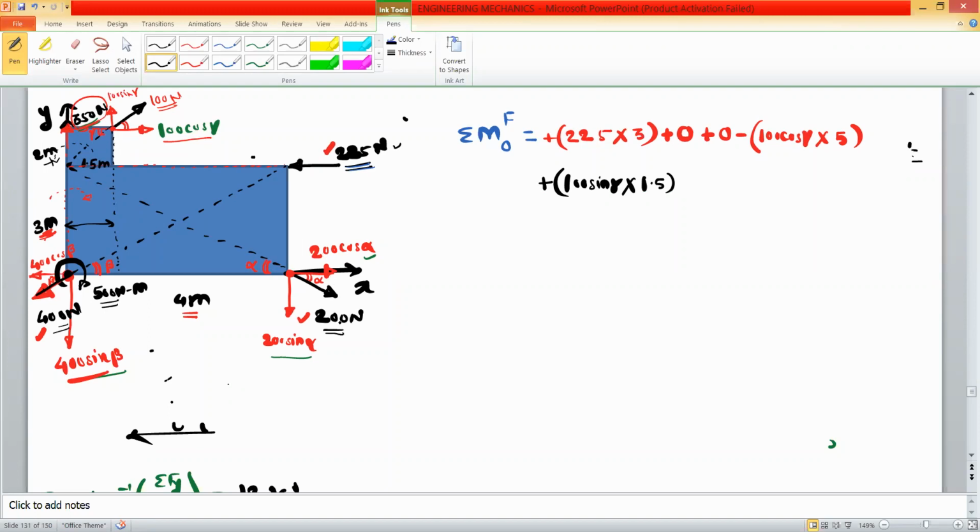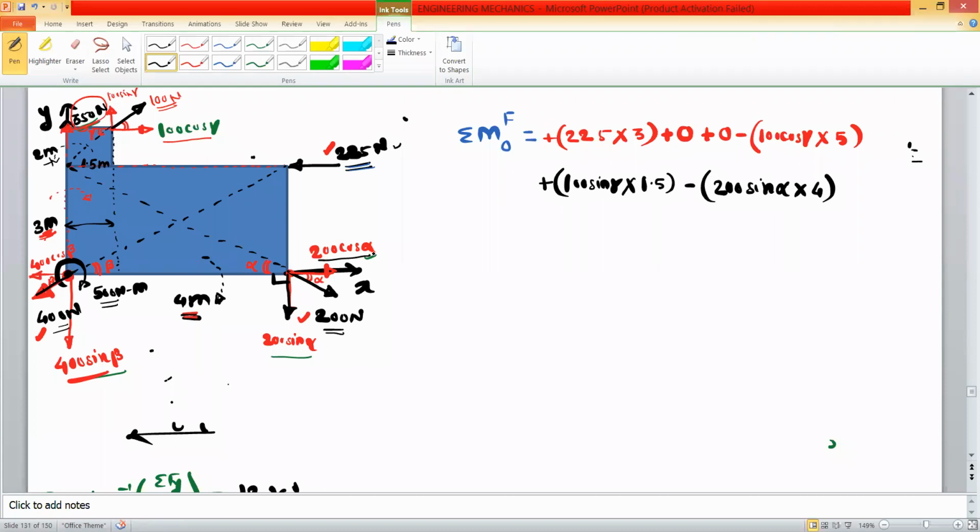The next force is 200. For 200 Newton, we have resolved that force into 200 cos alpha and 200 sine alpha. So consider 200 sine alpha. This is the force and this will be the perpendicular distance, and that is equal to 4 meter. So moment will be 200 sine alpha into distance 4 meter, and the sense of rotation will be clockwise direction, so it is minus.